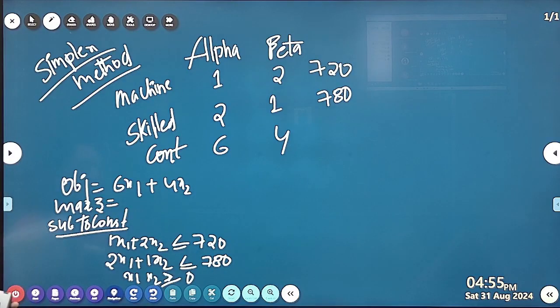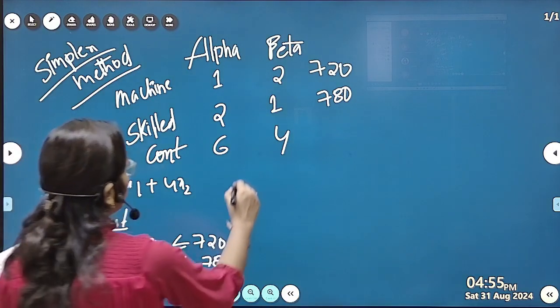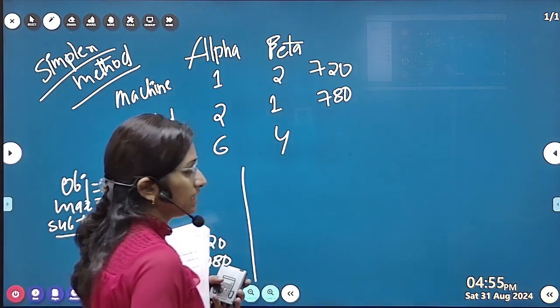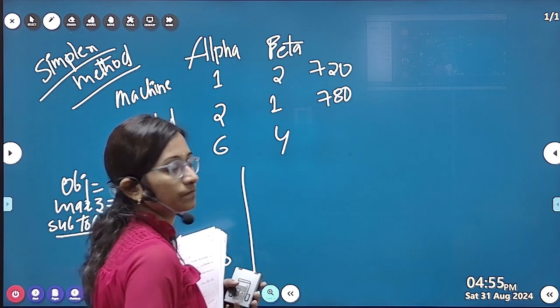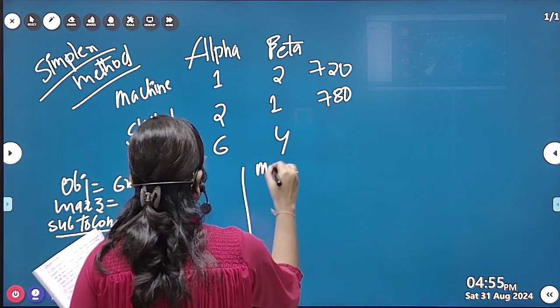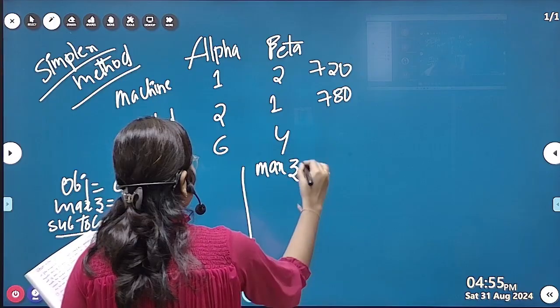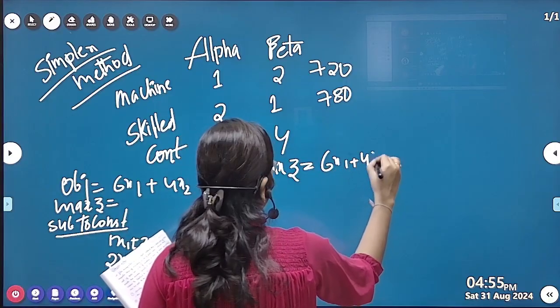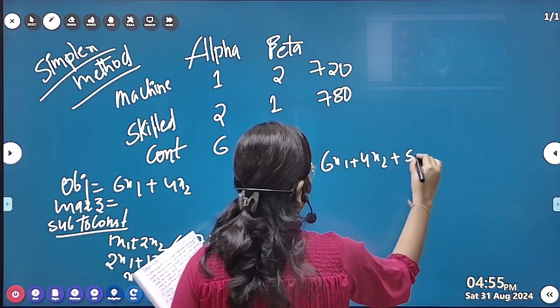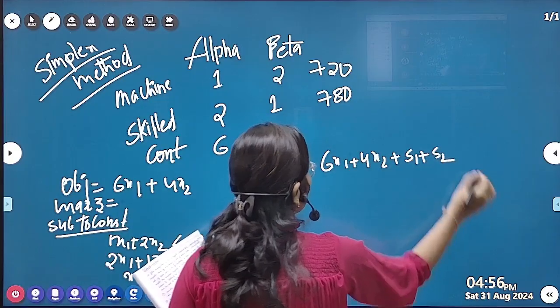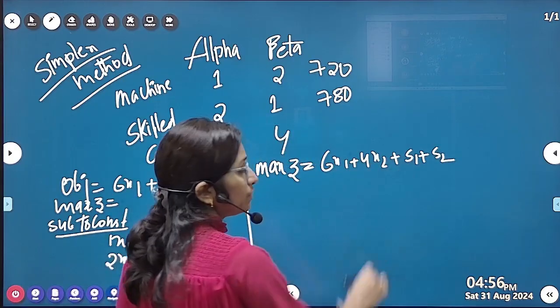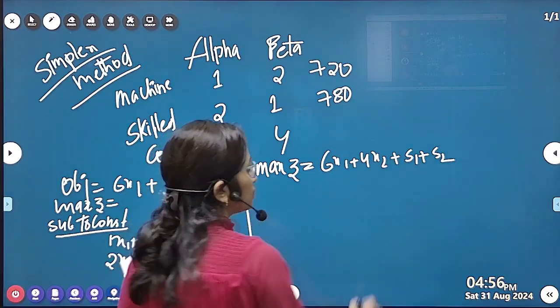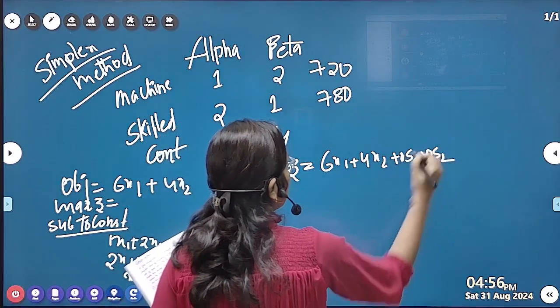This is the normal formulation. When we come to the simplex method, what will we do? Maximization of z is equal to 6x1 plus 4x2. How many variables are there? x1, x2, so we need to add s1 and s2, which will be 0.